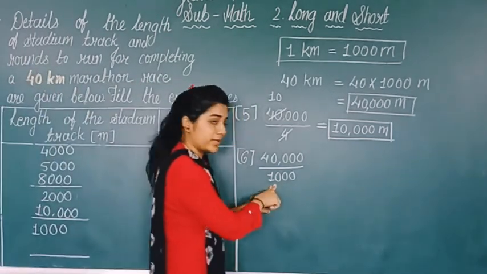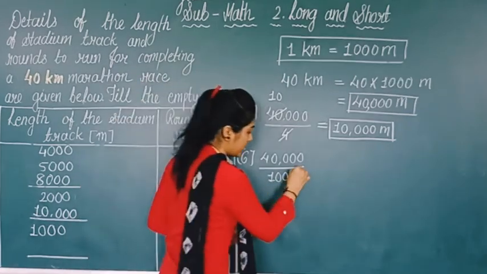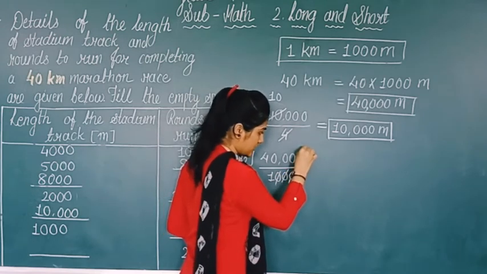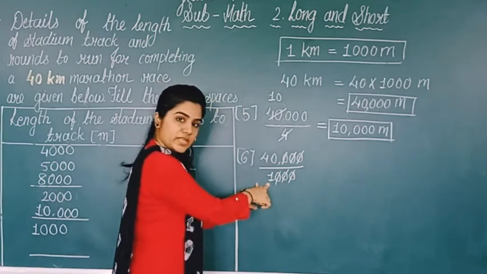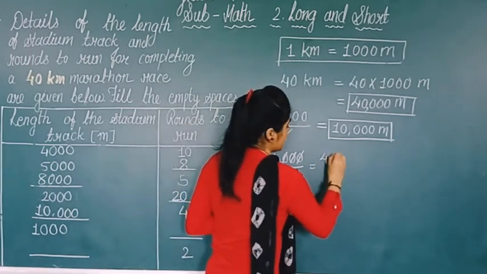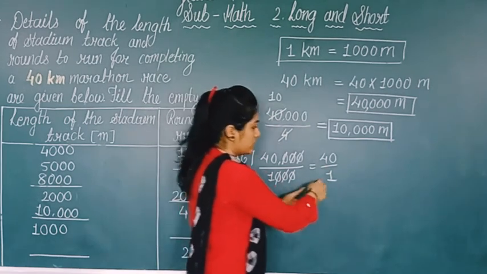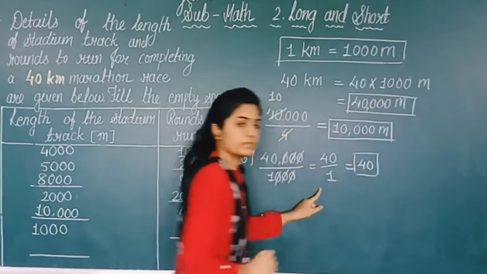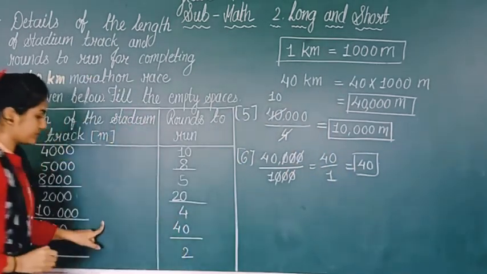So this you can directly cut. Backside 3 zeros, 1, 2 and 3. So cut this 3 zeros from backside. Here 1 is given only. That means you can write like this way, 40 divided by 1. And our answer is 40 only. So we are writing here 40.